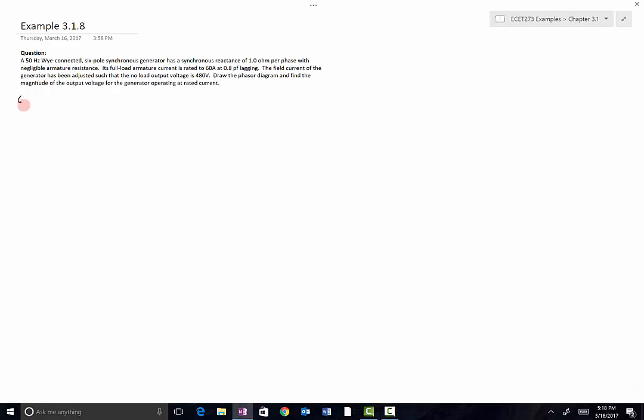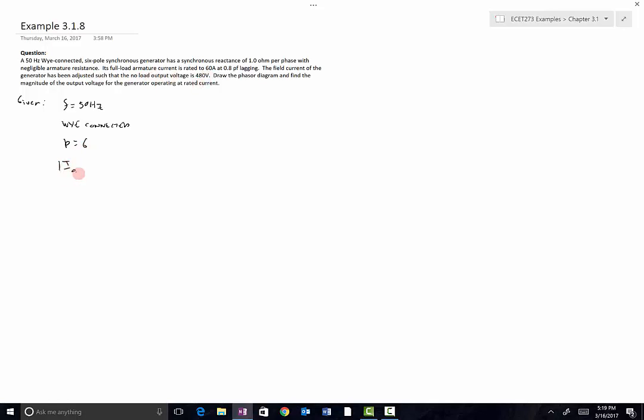So the givens here are that we have 50 hertz. F is equal to 50 hertz. It's Y connected. There are 6 poles, so P equals 6.